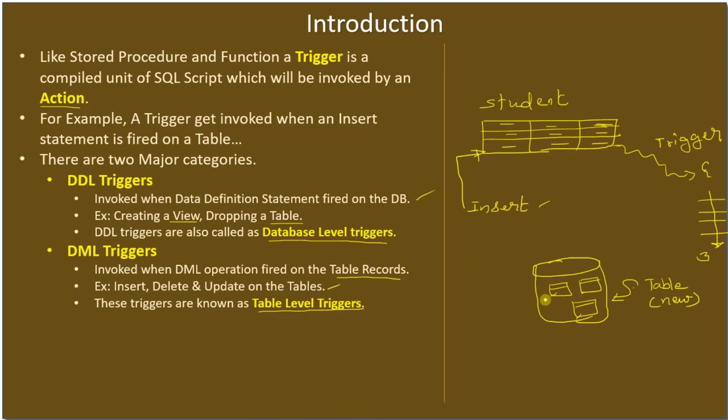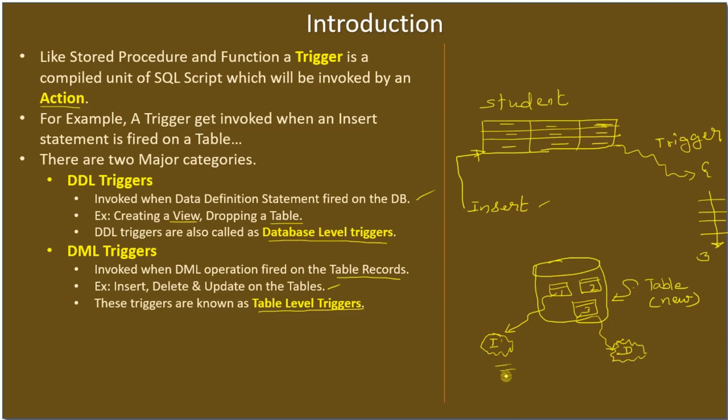So if we have multiple tables, one may have a trigger for insert, another may have a trigger for delete, and this one may not have any trigger at all. So here we are talking about 3 tables, right? That's why we state DML triggers are specific to a table.